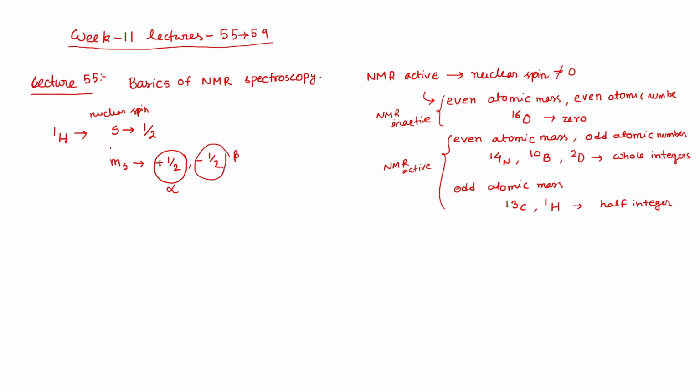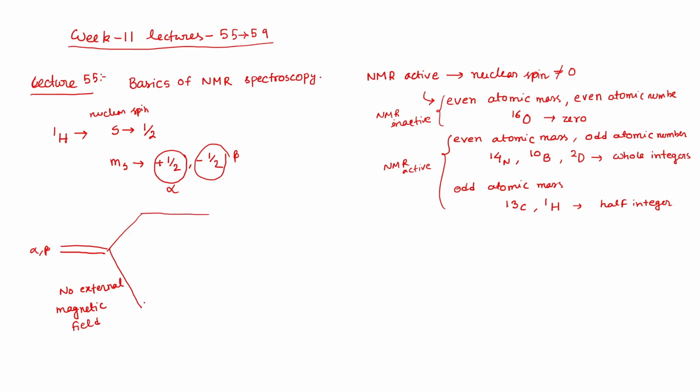Suppose there is no external magnetic field, then the energy of these two states related to these two spins are actually equal. So alpha and beta will be staying at the same position. Now when there is some external magnetic field, it will get separated into two states.